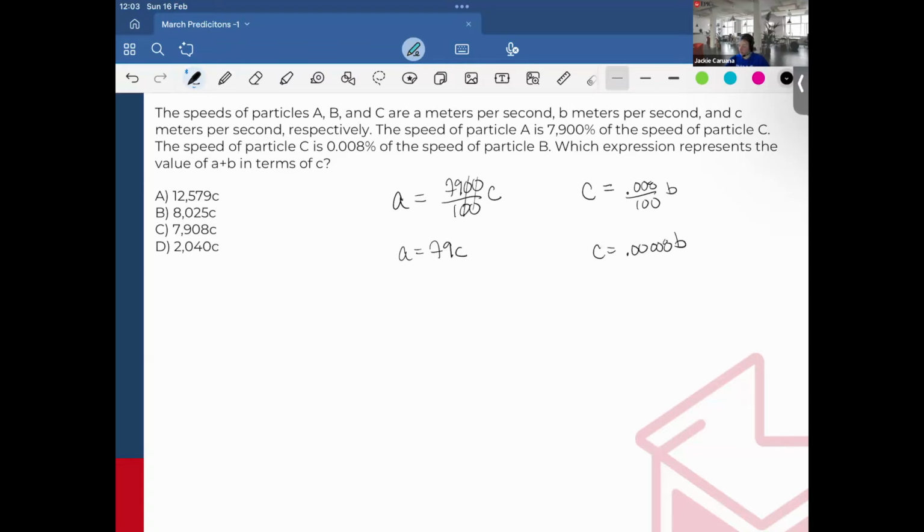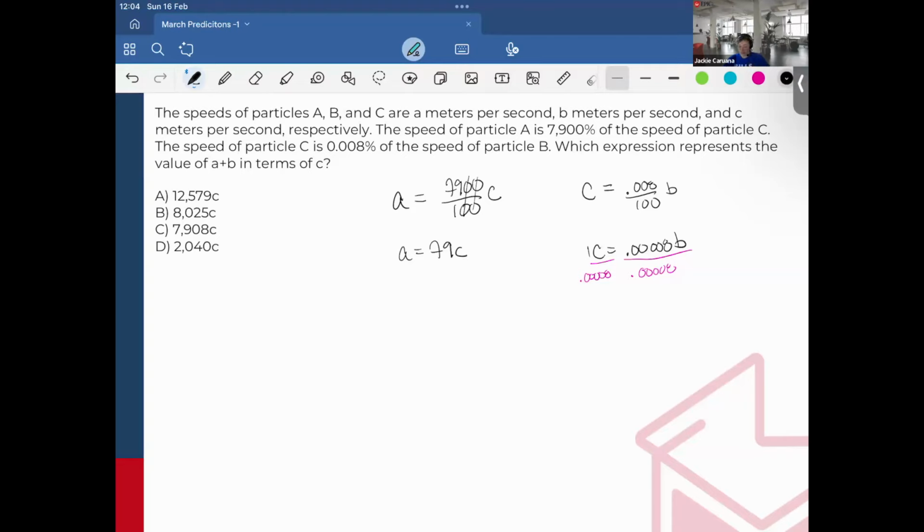Okay, so then I'm going to want to put this in terms of B. So I'm going to divide each side by 0.00008. And remember, there's like an invisible 1 here.